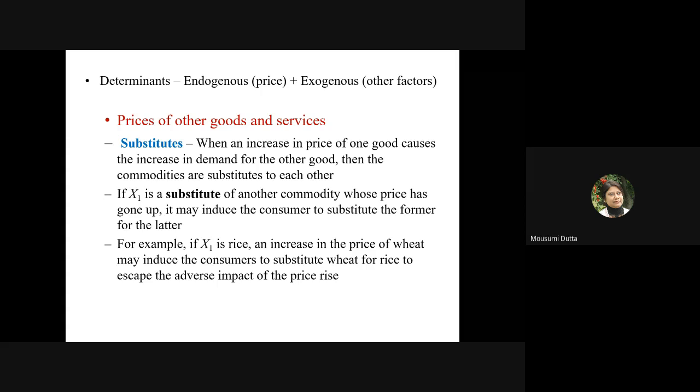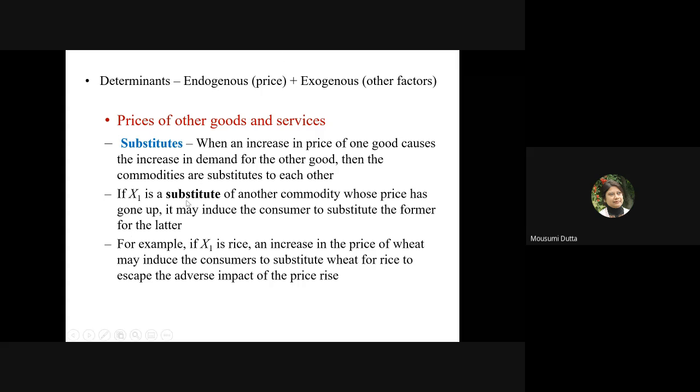If there is this kind of relationship, then we will call X and Y substitutable. You can substitute Y by X. Price of Y is increasing, consumption of Y is falling, and you are substituting this by increasing the consumption of X.